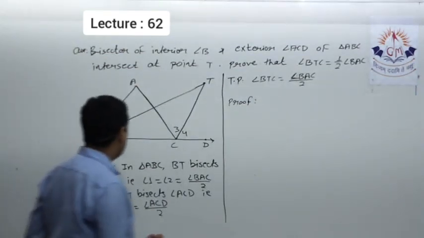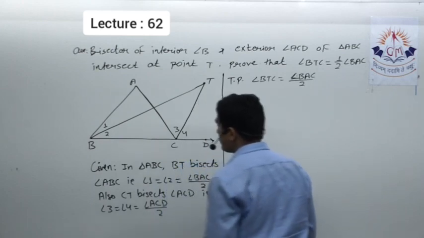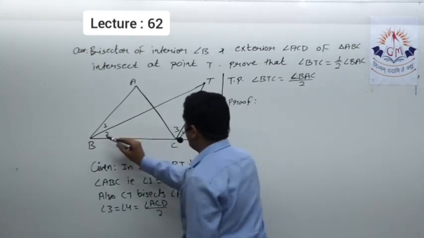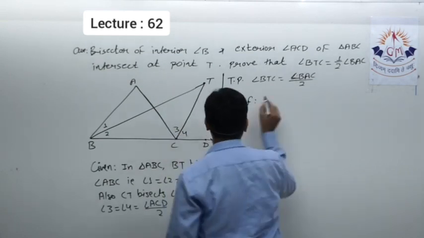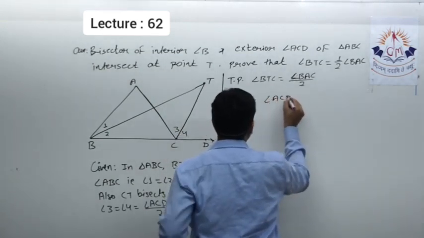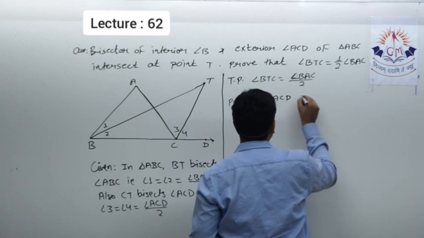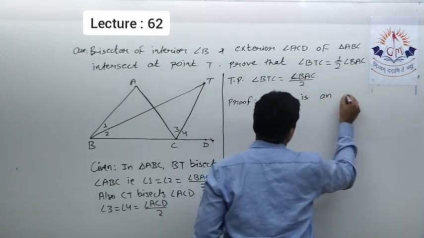Okay, let us see its solution. See, for triangle ABC, angle ACD is an exterior angle.